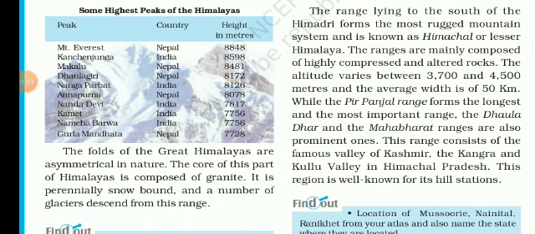Kanchenjunga is the highest peak of the Himalayas in Indian territory, with a height of 8598 meters, whereas the highest peak, Mount Everest, lies in Nepal and its height is 8848 meters.